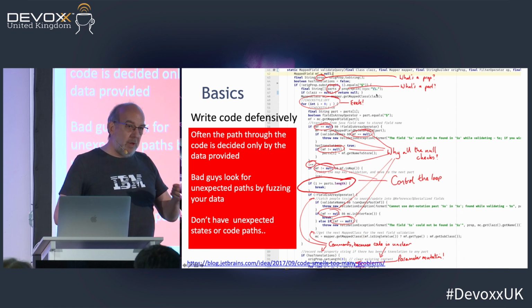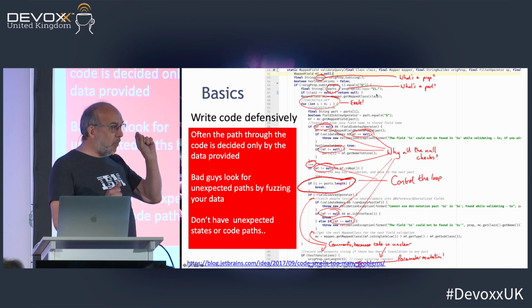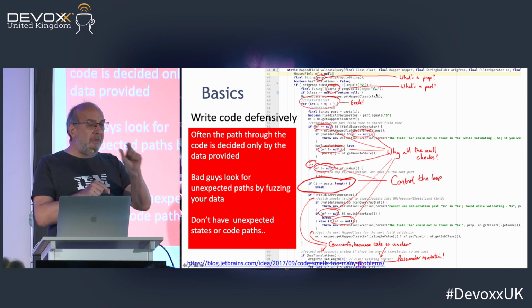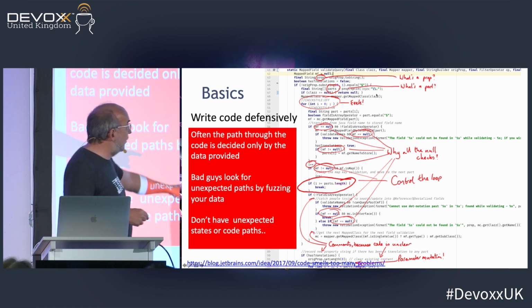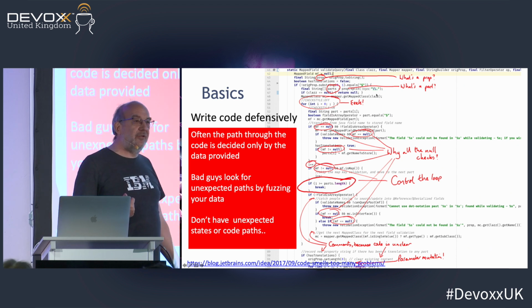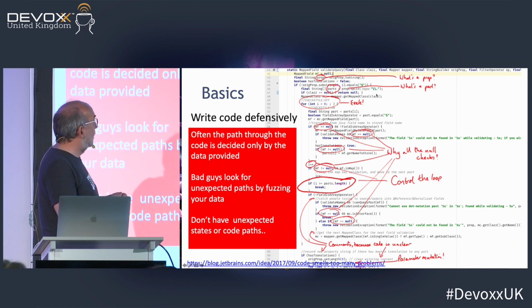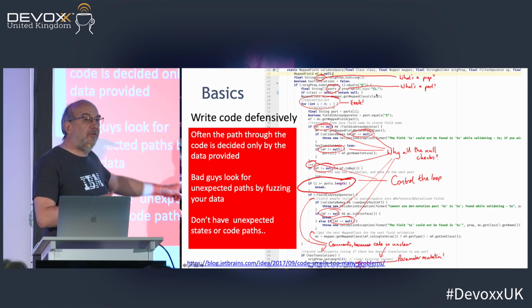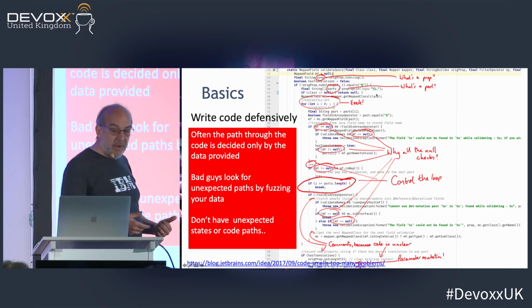So if you're data driven and you just read the parameters and you go, okay, if parameter 1 is this, I do this, and if parameter 2 is this, I go down this path, and if parameter 3 is this, I go down this path, I could find myself in some strange part of the code that I never actually expected to get to. Because it was data-driven and I didn't validate it, bad things can happen. And that's what the fuzzing is trying to do: find how to drive your applications to these weird places.